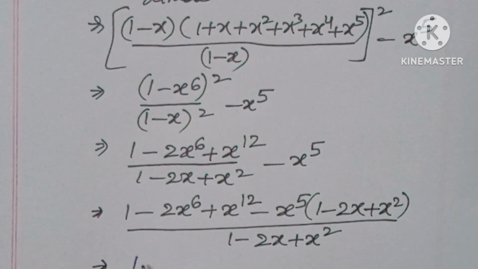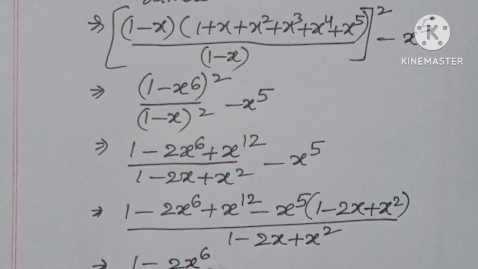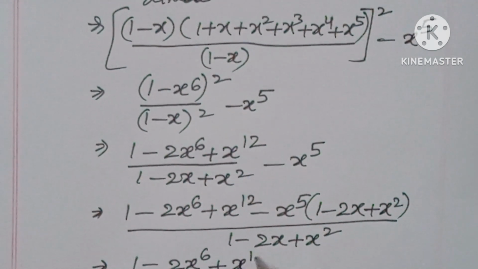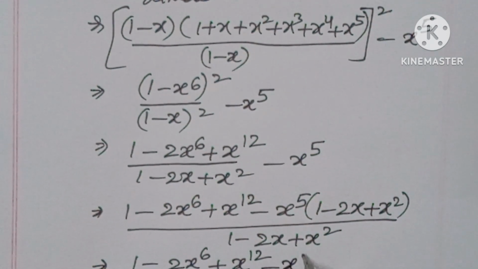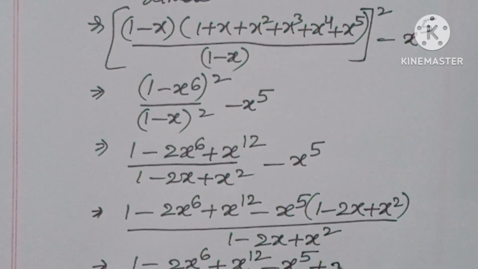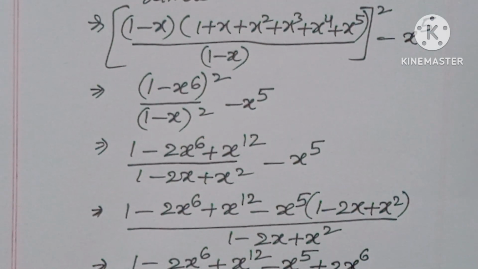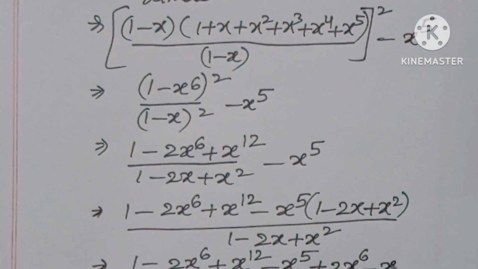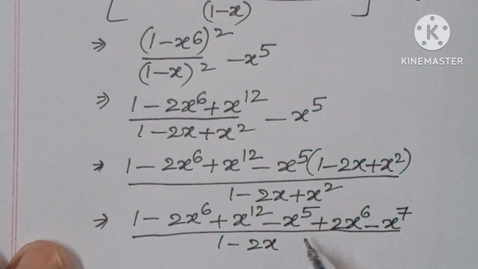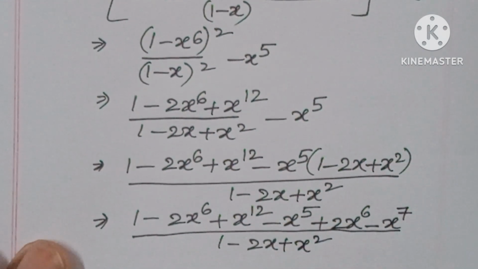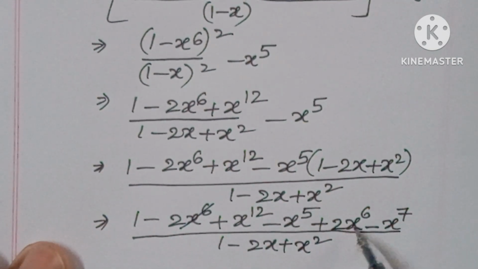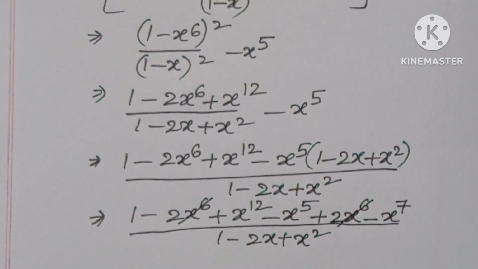So if you open the bracket, 1 − 2x⁶ + x¹² − x⁵ + 2x⁶ − x⁷ over 1 − 2x + x². So 2x⁶ and 2x⁶ cancel.